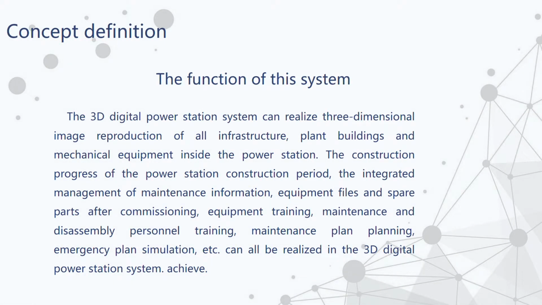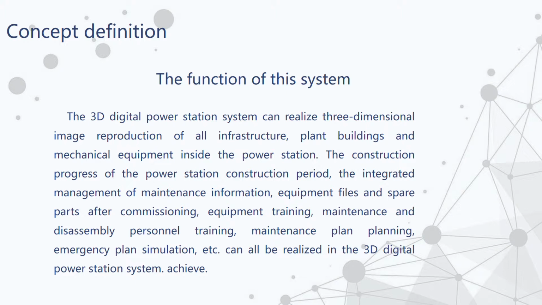Then the next part is the concept definition. This part defines some functions of this term. It also defines the technology which will be used in this system. As for the function, the three-dimensional digital power station system can realize three-dimensional image reproduction of all infrastructure, plant buildings, and mechanical equipment inside the power station.